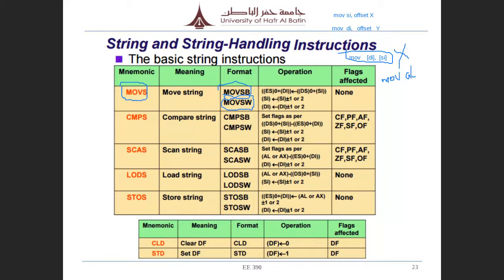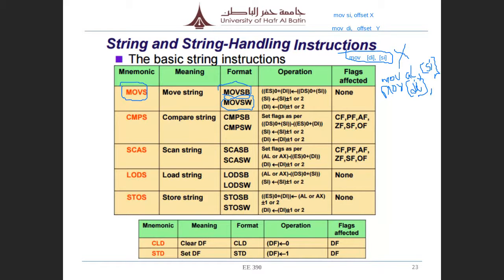Because the memory location data is 8-bit, we use an 8-bit register, for example AL or AH, whatever it is. MOV AL, [SI], and then MOV [DI], AL.